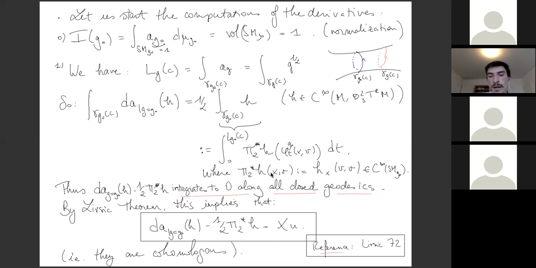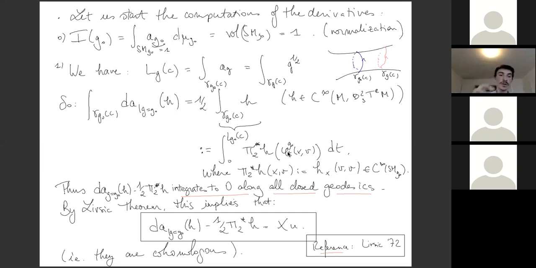Well, you evaluate it at the point x and the direction v, and it's given by the symmetric tensor h that you evaluate at the point x, and then you plug in twice the speed vector v. Okay, and it's a symmetric 2-tensor, so this is not going to be 0. Well, it can be 0, but not always. And then this integral is simply defined as the integral of π_2^* of h, and then here you evaluate at, well, you go through.